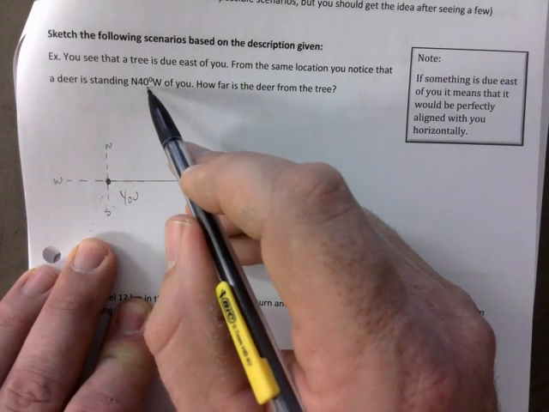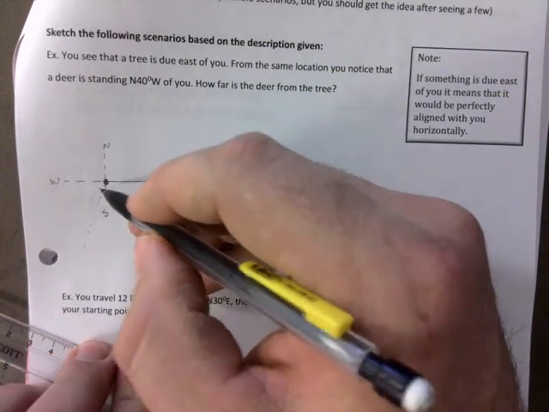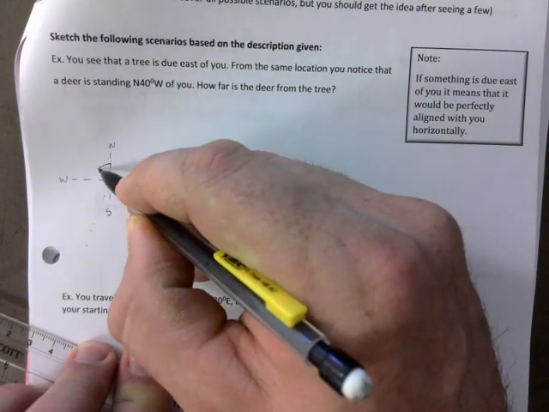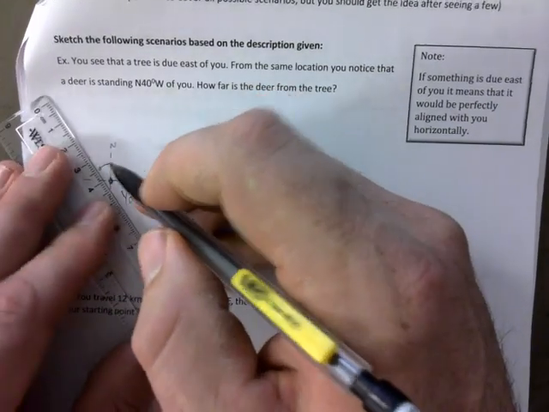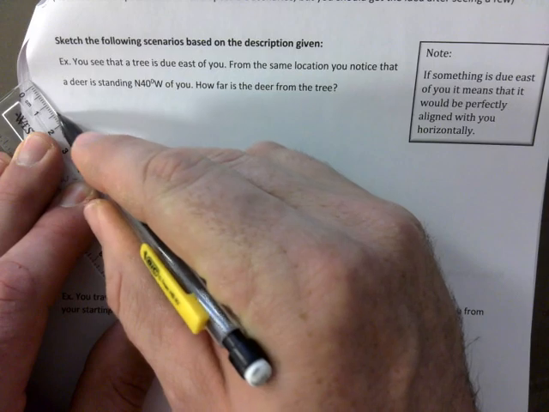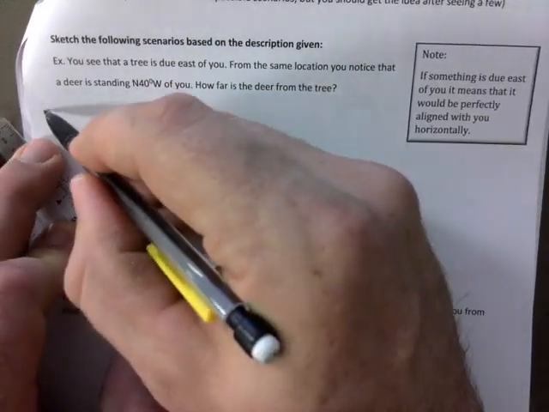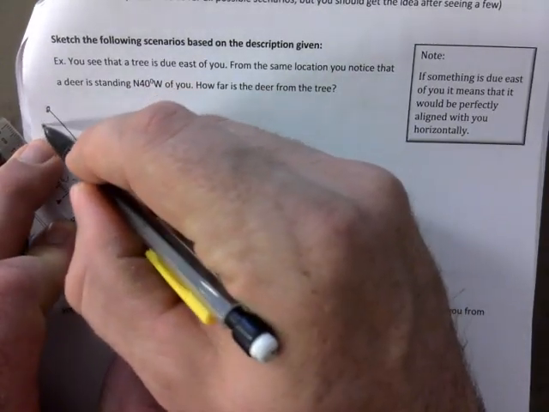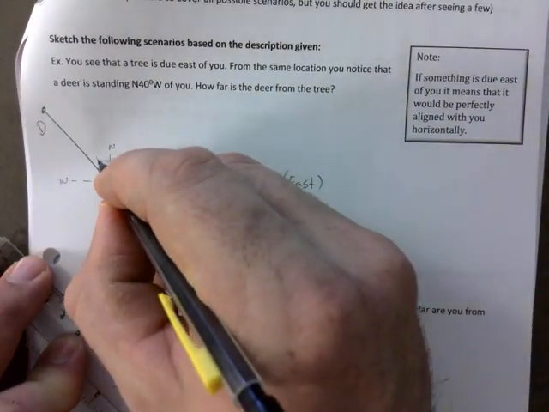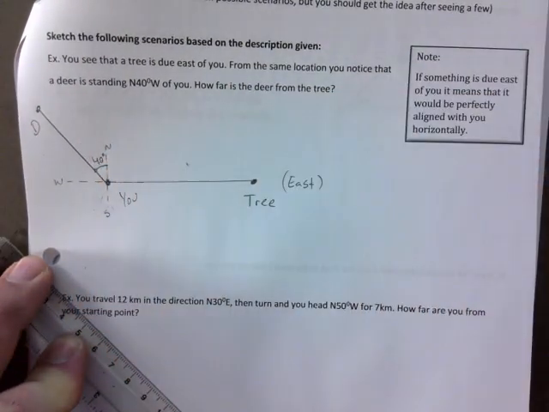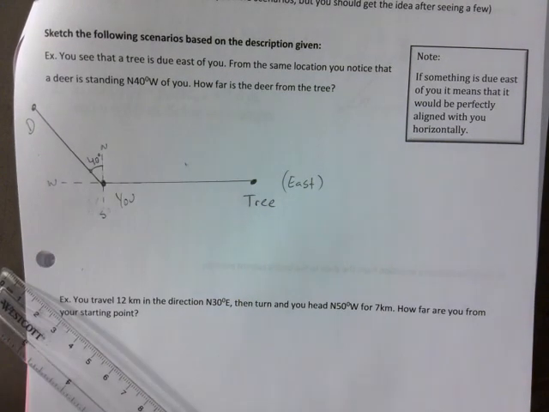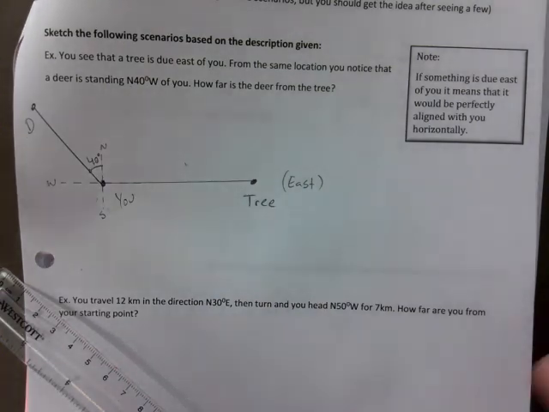So north, 40 degrees west, that means that you would start north and then turn 40 degrees west, and that's where you would be looking towards. And we can call that D for deer. Okay? And you put the 40 in there. And now you should be able to see a triangle, right?